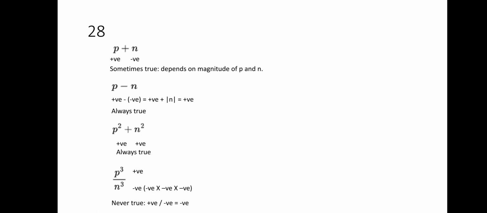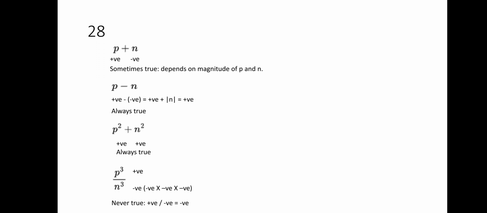P cubed over N cubed is positive, so this is never true. If we think about it, P is positive, so P cubed will be positive. That's the numerator. But in the denominator, which is N cubed, N is negative, so N cubed will be negative. I've written in brackets why, because N cubed is a negative number times a negative number times a negative number.